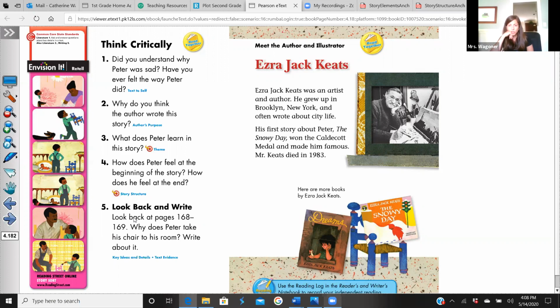What does Peter learn in this story? What does he learn in this story?